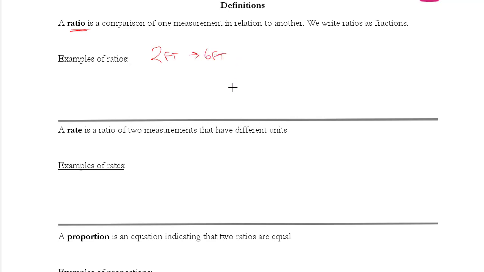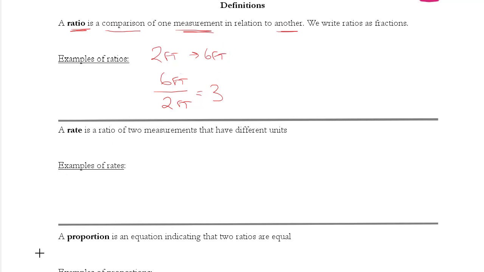We could ask how many times bigger it grew during that year, and write that as the ratio 6 feet over 2 feet, comparing the final height to the original height, the starting point. Everything is relative to the starting point. This is a comparison of one measurement in relation to another, feet to feet. This is 3, which means it grew 3 times as much.